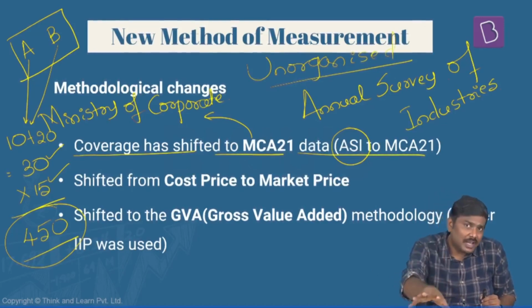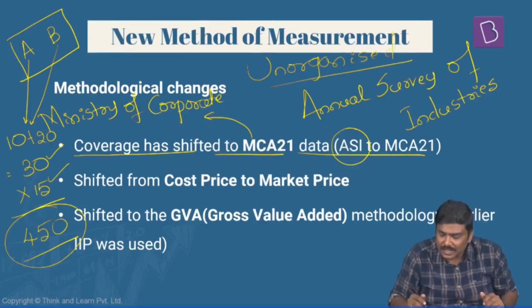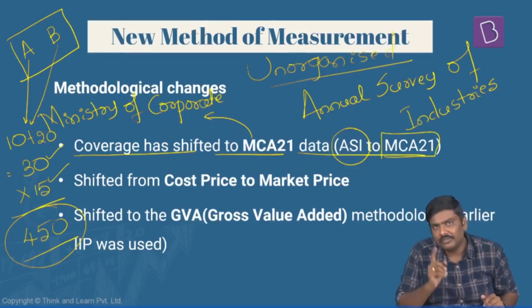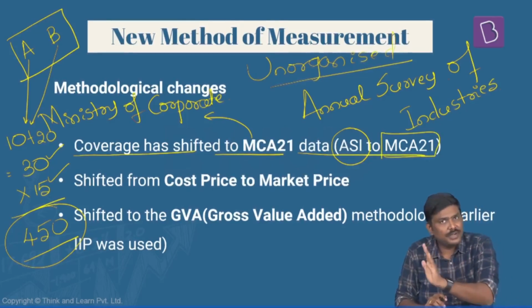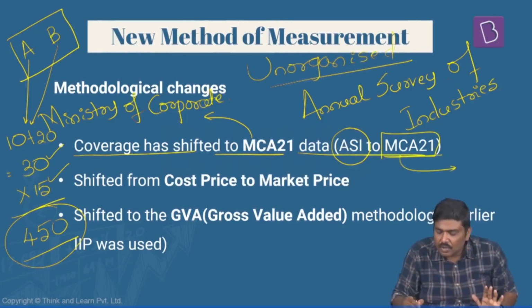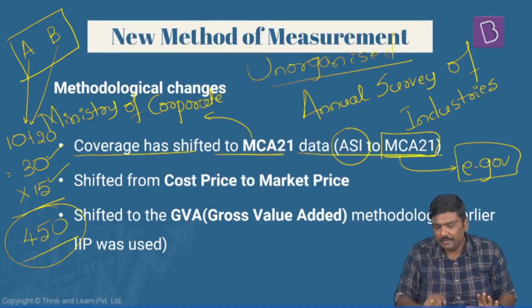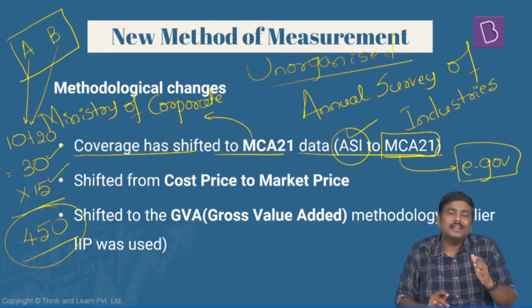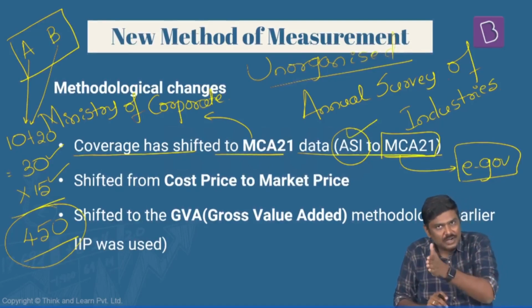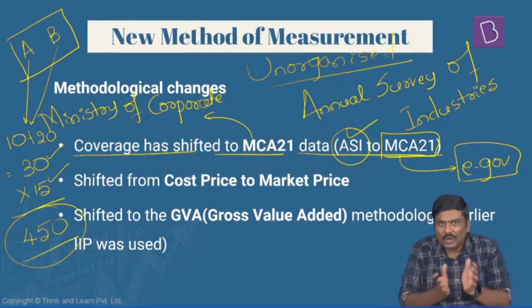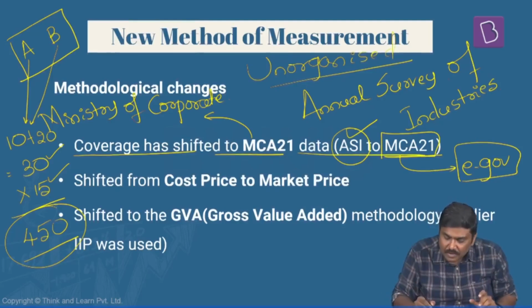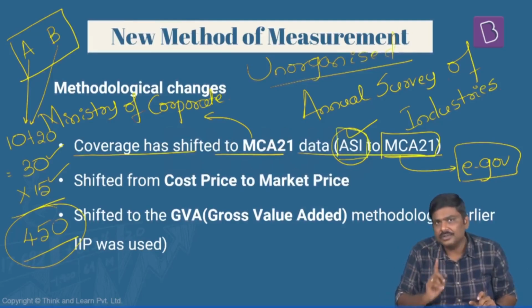This methodology of collection of production data is nothing but MCA 21, Ministry of Corporate Affairs 21. Apart from this, it is also part of the e-governance initiative of the Government of India. Now, what was the earlier system? Earlier, there was an annual survey conducted considering more than 1 lakh companies. This survey was referred to as the Annual Survey of Industries.